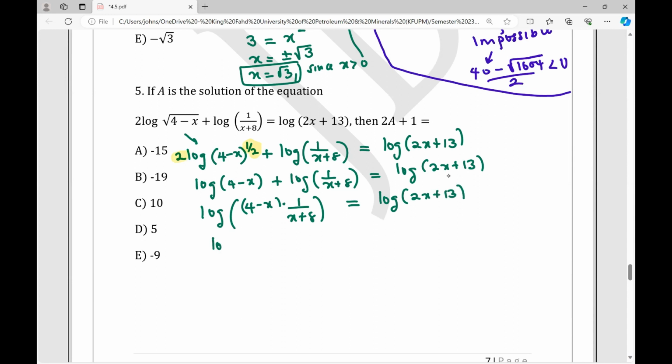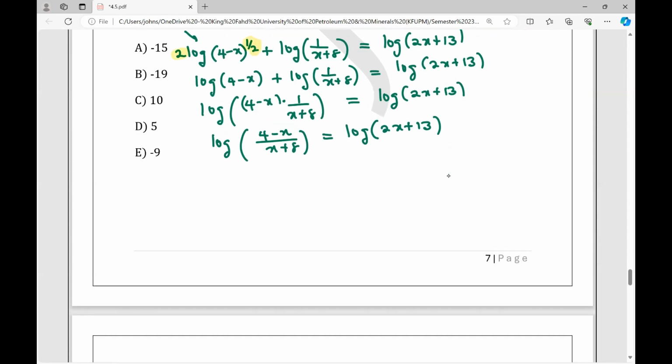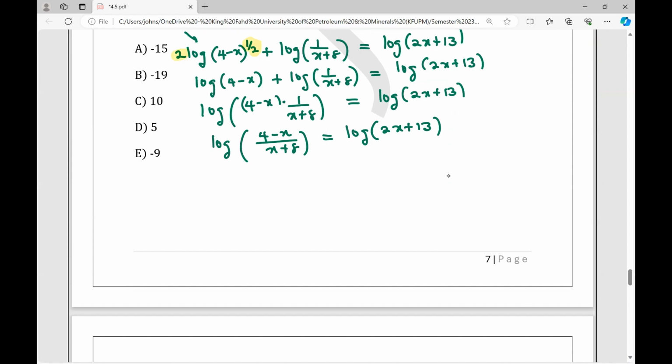And this will give us log of 4 minus x over x plus 8 equals log of 2x plus 13. Now we can drop the logarithm so that you have 4 minus x over x plus 8 equals 2x plus 13. And now we can cross multiply.